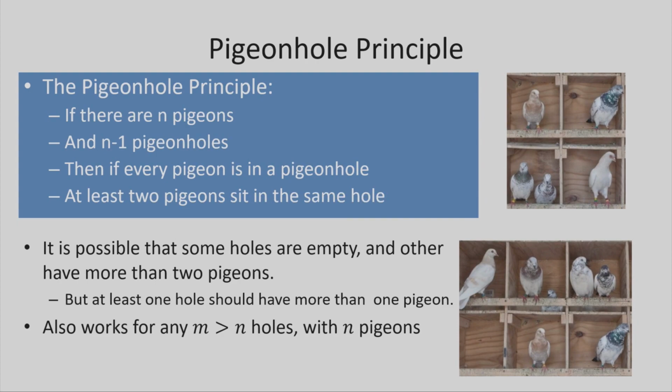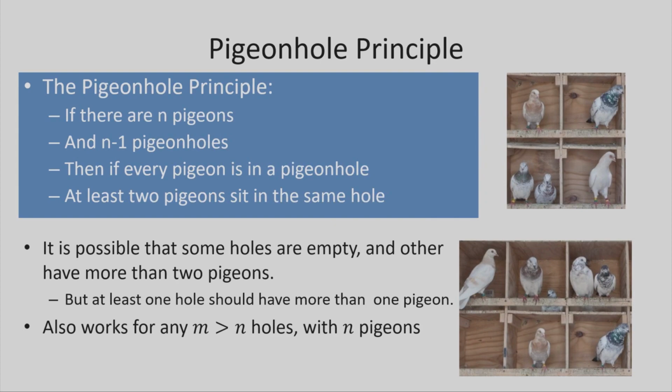And the pigeonhole principle, remember, didn't say that every nesting spot has to be occupied. It just said that there is no possible way that there would be no place with 2 pigeons unless either some pigeons are flying or there are at least as many pigeons as pigeonholes.